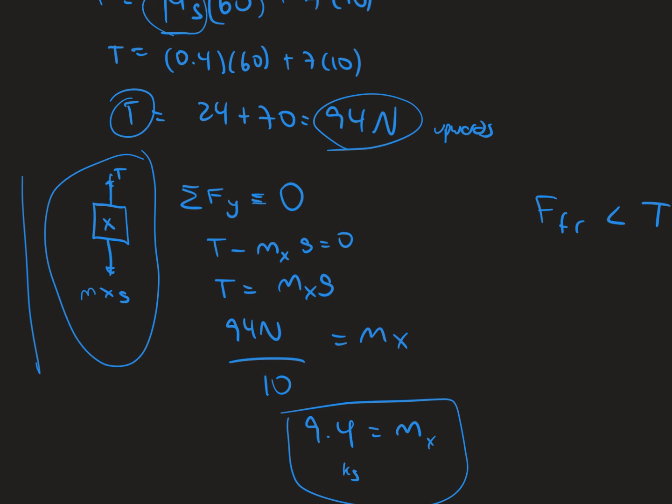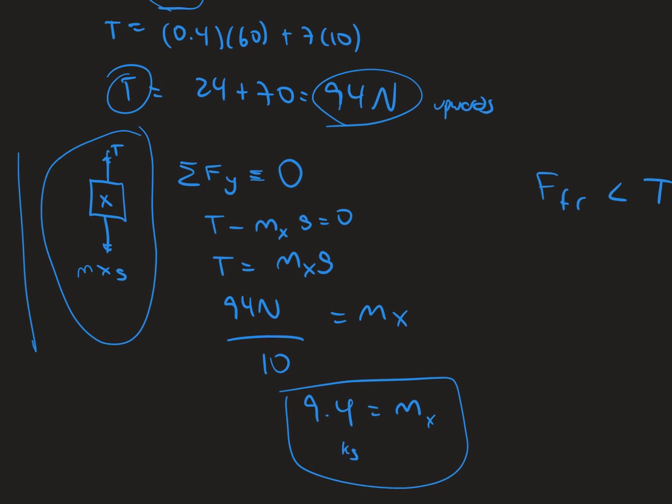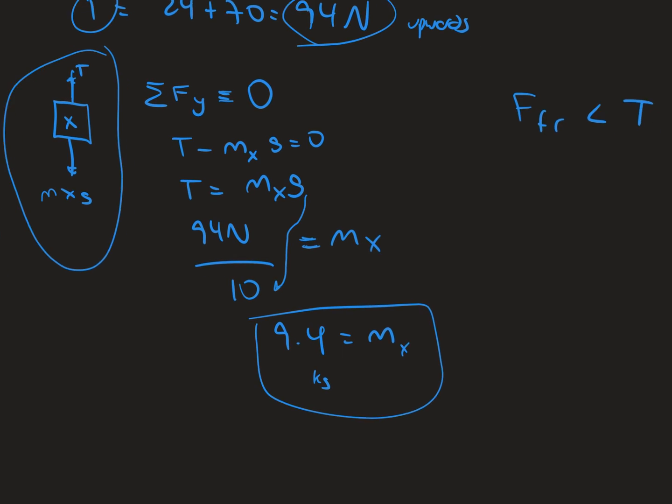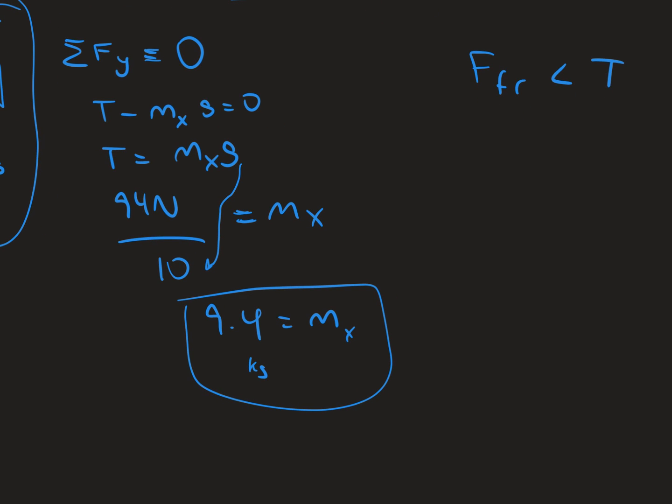We calculated first that the tension is 94 newtons. As we bring gravity to the bottom, it's 94 newtons divided by 10, and that gives us the mass of X. Therefore, we divide and end up getting 9.4 kilos for the mass.